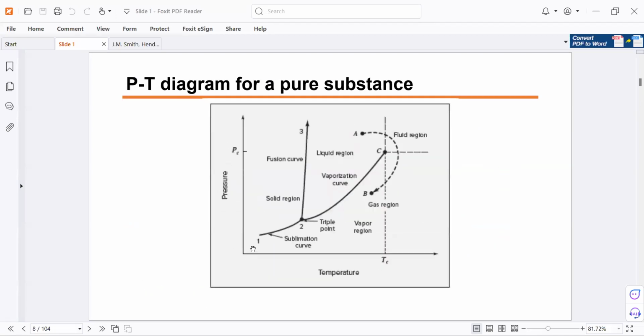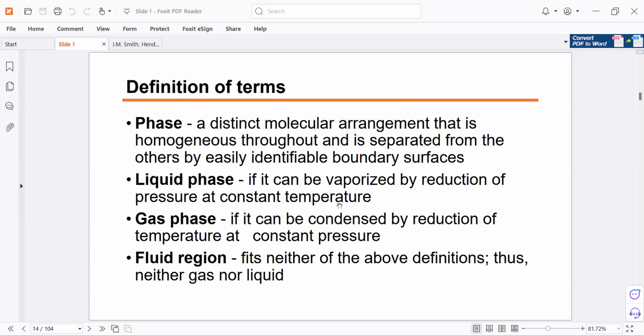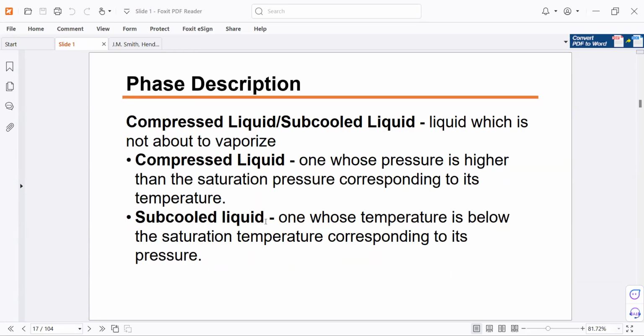This is the compressed liquid region, in which the pressure is higher than the saturation pressure. Say at a fixed temperature, this is the saturation pressure. For a compressed liquid, the pressure is higher than the saturation pressure.